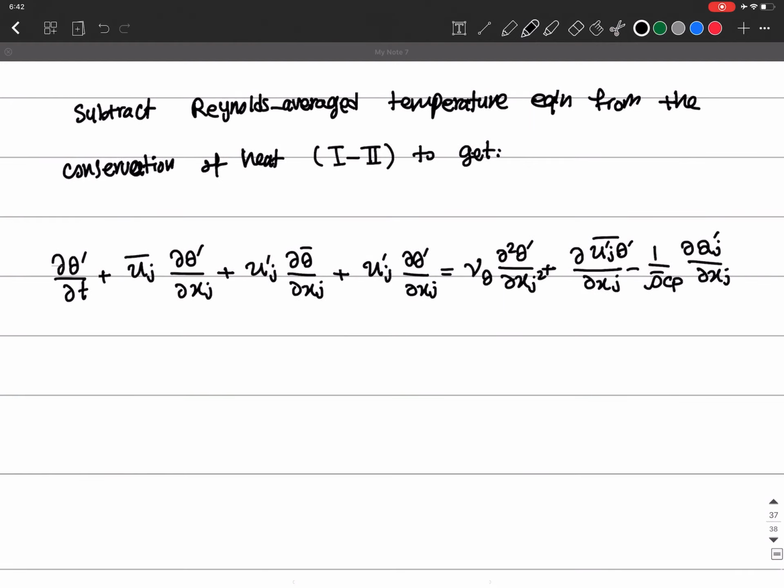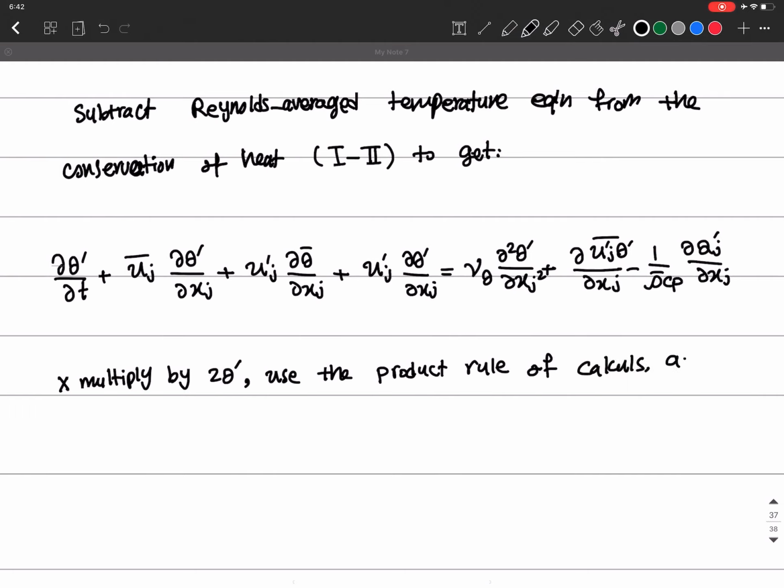So now, if you multiply this equation by 2 theta prime, again, a similar technique that we used before for getting the velocity variance, and then use the product rule of calculus and do the Reynolds average.